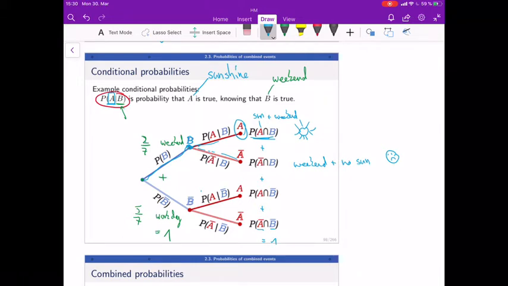That's basically the whole sample space that we see here. But what we left out now is what is this bit here in the middle? How do we get from here to here? And this bit is where the conditional probabilities come into place.